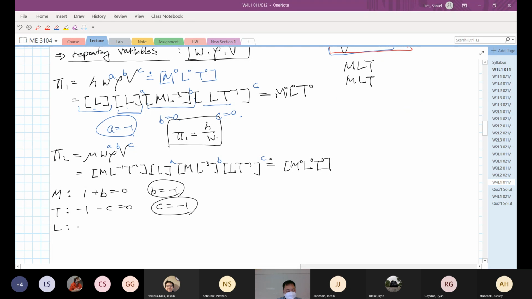So L, we have a -1 plus A minus 3B plus C is 0, so -1, plus 4 minus 3, so A is 3. Am I correct? I think I'm wrong, some error there. We have a -1 here, A there, minus C there, 3B, and we have C here. It's going to be 2 minus 2, 1, yeah.